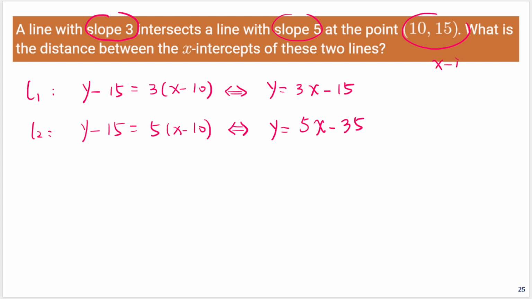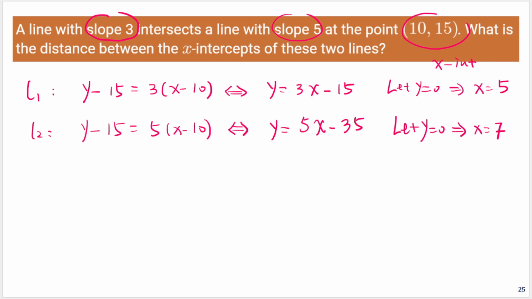So let's find the x-intercept of each. For the first one, if you want to find the x-intercept, you should let y equal 0, right? If y equals 0, we have x equals 5. And for the second line, again, we let y equal 0. If y equals 0, we know x equals 7, right?